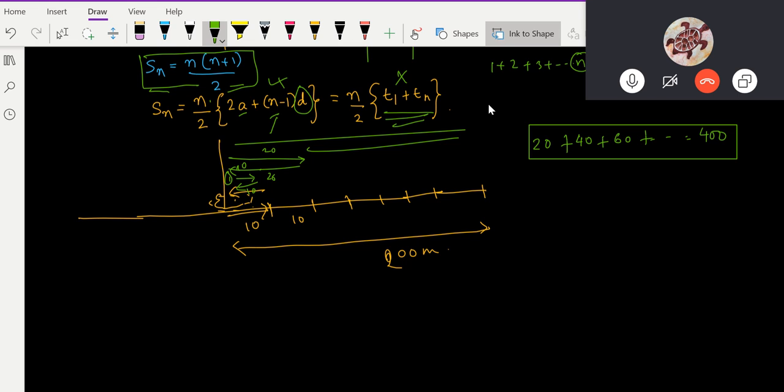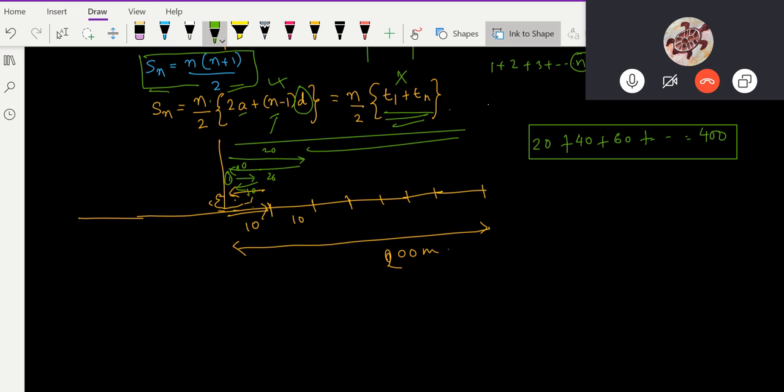We can take n upon 2 into t1 plus tn. But do you know n? N is 20, because we'll divide 200 by 10, so it'll become 20 times.